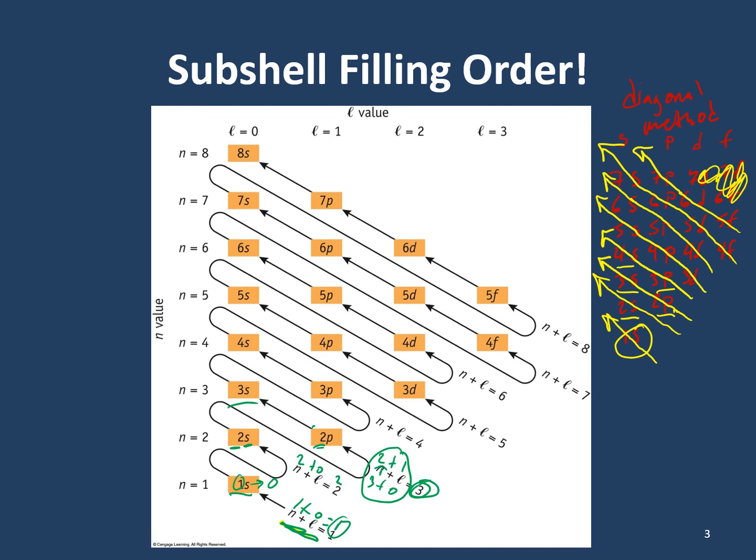Since 2p and 3s have the same n plus l value, we just add them together and go, okay, they're the same, but which one has the lower n? This one does, so it goes first. This way is easier, but both ways work, so whichever one you like better, go for it. This one's definitely the more theoretically accurate.